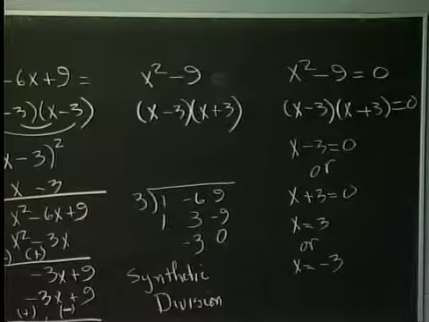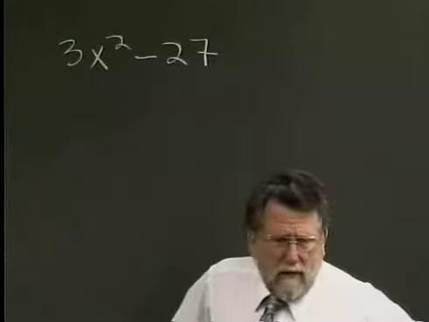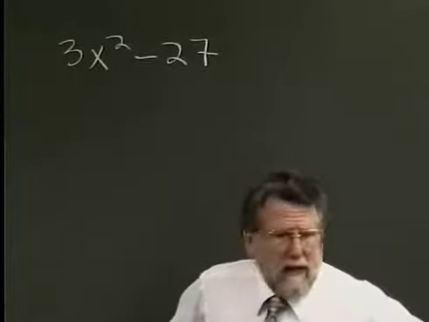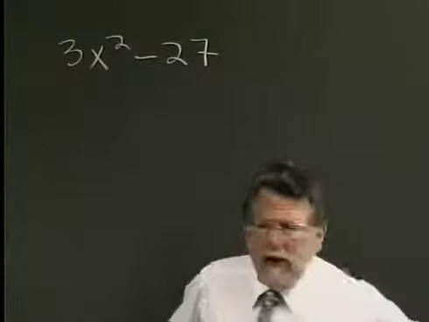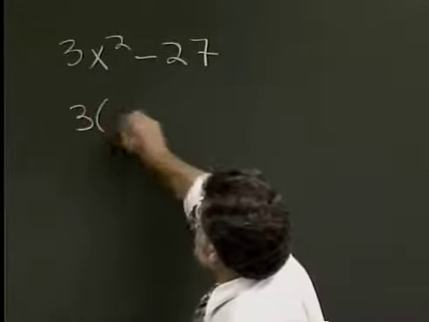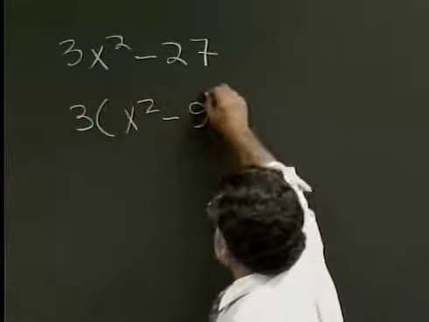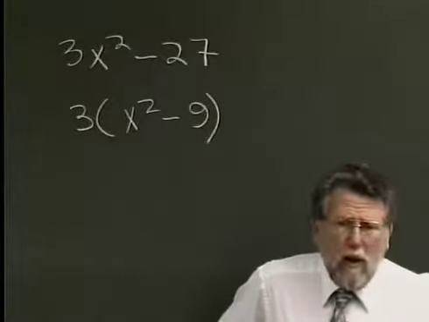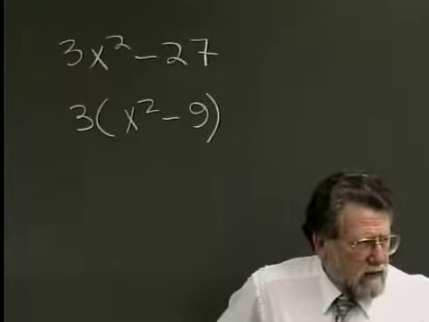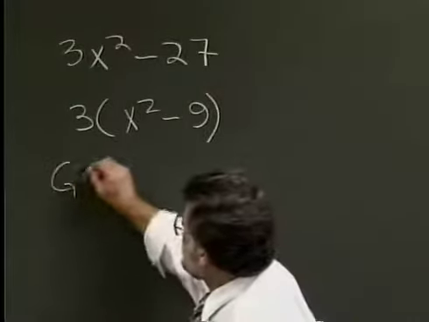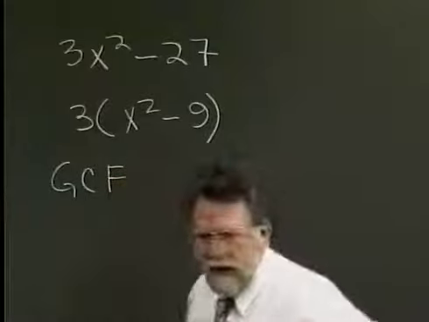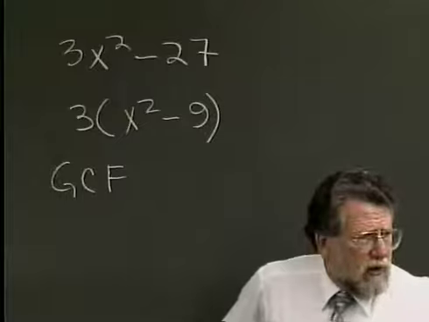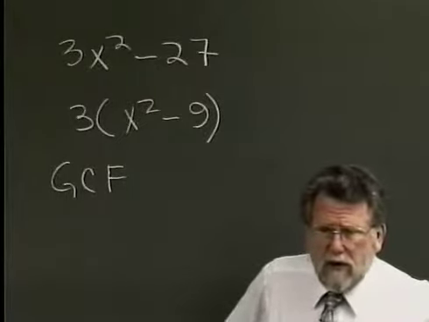So here goes. The 3x squared minus 27 is what we have on the board. And what I want you to realize is that there's a common factor in each of these two terms. In fact, there's a 3 that, if I think of the distributive property, can be brought out and written as 3 times x squared minus 9. We call this a common factor. And in fact, we're going to use the initials GCF, greatest common factor. There's no larger number that I can pull out of those two terms.